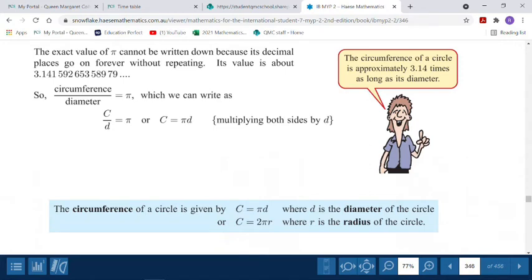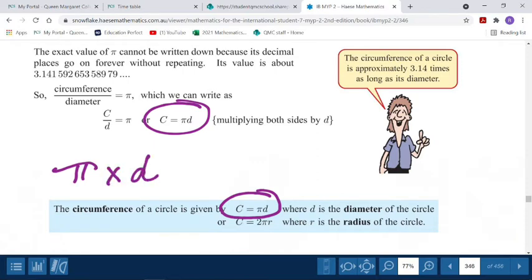Now, your calculators have a pi key, so you can just use the pi key if you want to. But the circumference is just found by taking pi times the diameter, okay? You just do pi and then times whatever the diameter is.